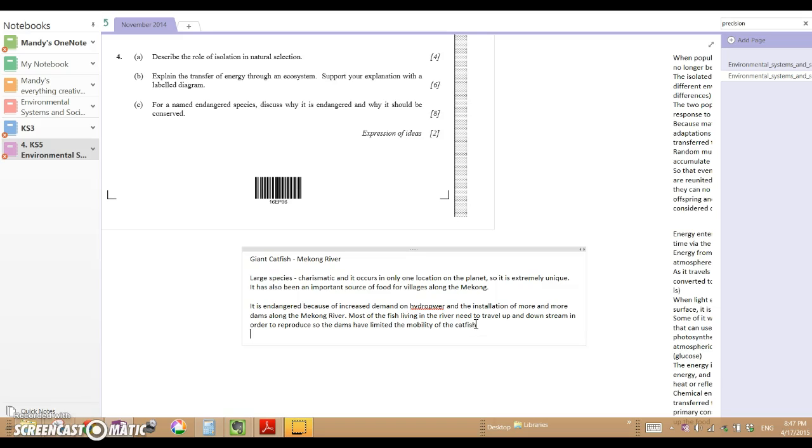And I think as well, with lowered numbers, the pressure from hunting the catfish, fishing it, is obviously greater and adds to its endangered status.